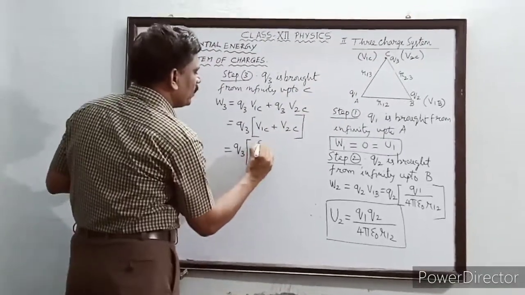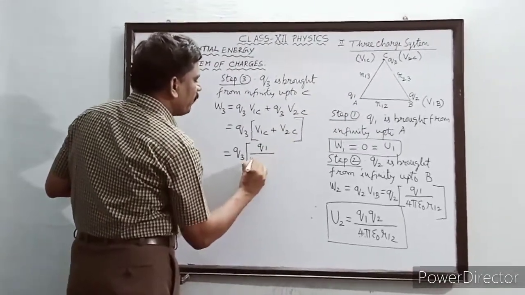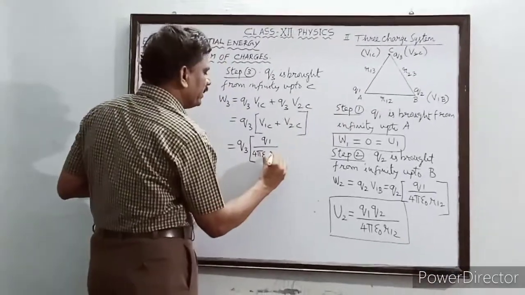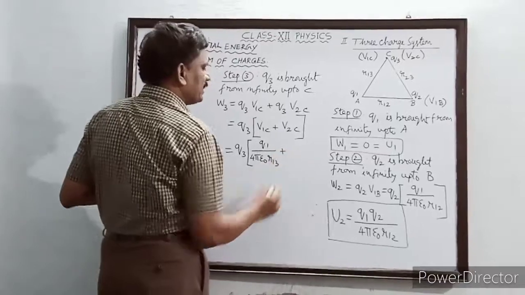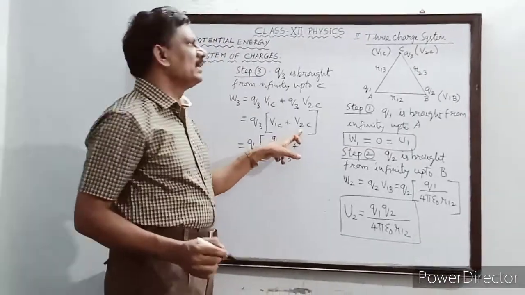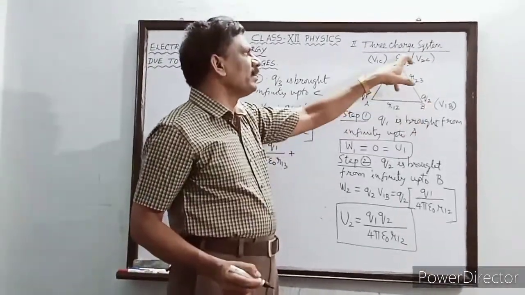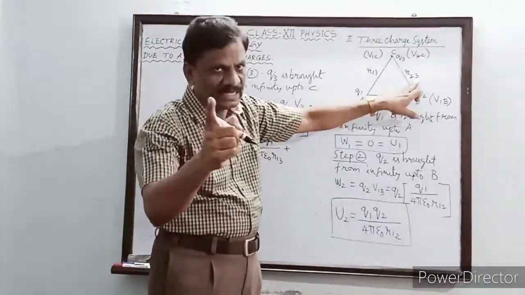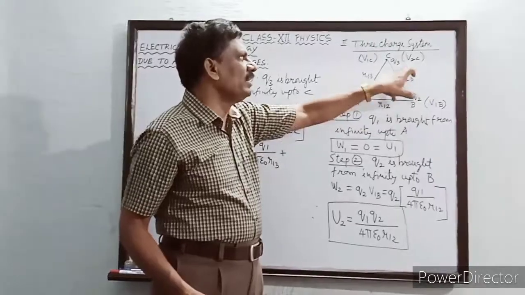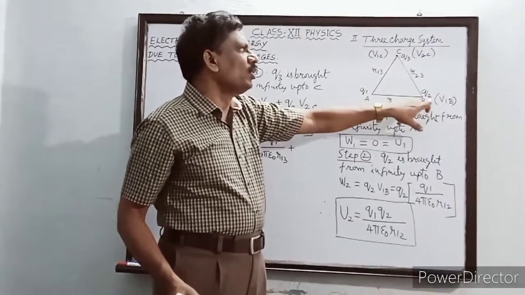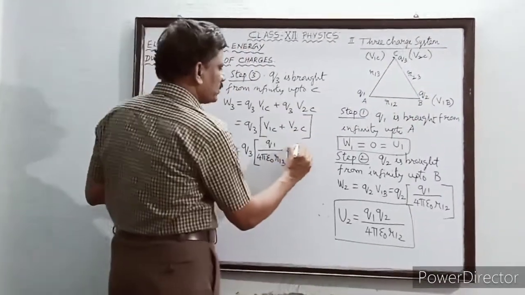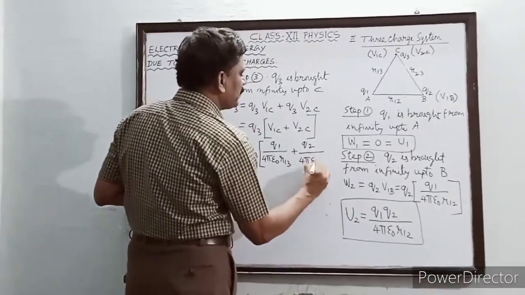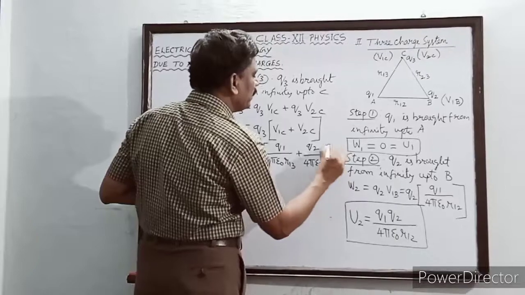So this must be equal to Q1 by 4 pi epsilon naught into distance R13, plus V2C. V2C means the potential at C due to the second charge Q2 at a distance R23. Therefore, V2C must be equal to Q2 by 4 pi epsilon naught R23.